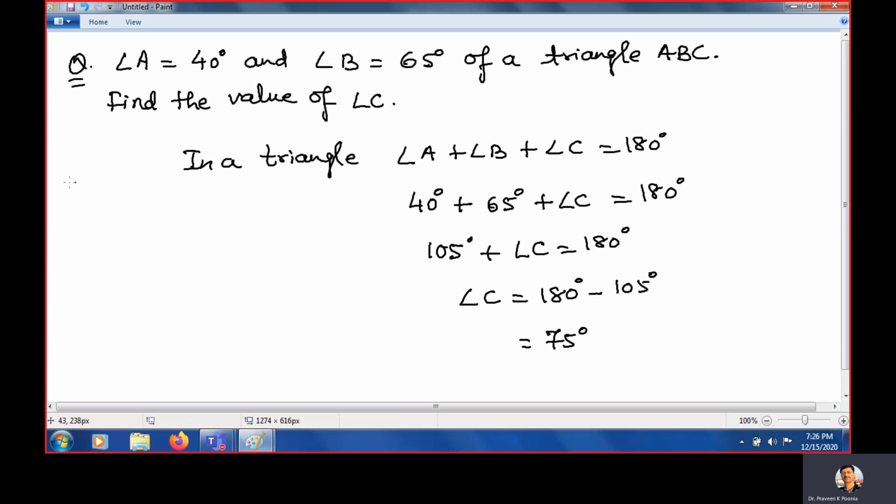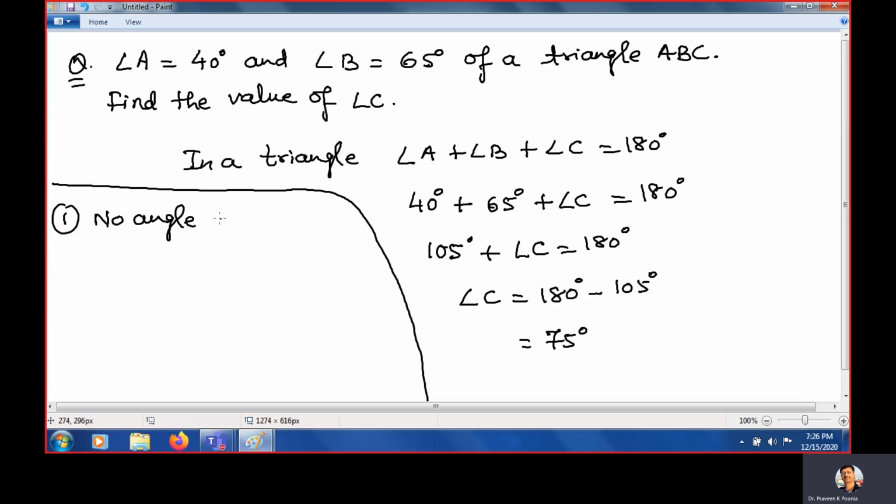Clear? And one more thing I want to tell you, two important things about the triangle. No angle of a triangle can be 0. Zero cannot be possible.